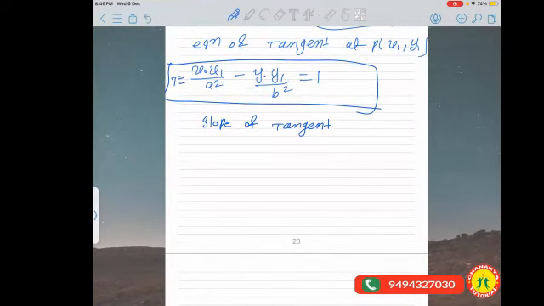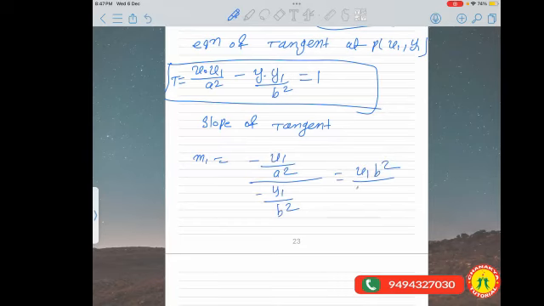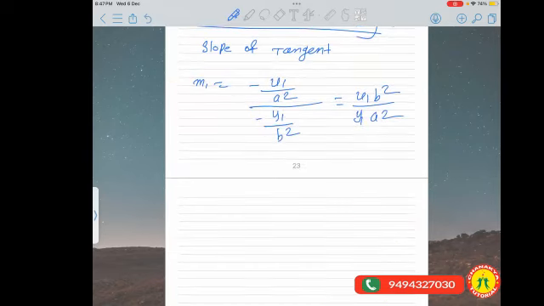We want to find now the slope of tangent. Make y equal to mx to get the slope. So that will be minus of the coefficient of x by the coefficient of y. So the slope m1 is equal to minus of x1 by a square upon the coefficient of y, which is minus y1 by b square. So we get the slope x1 b square by y1 a square. This is the slope of tangent.